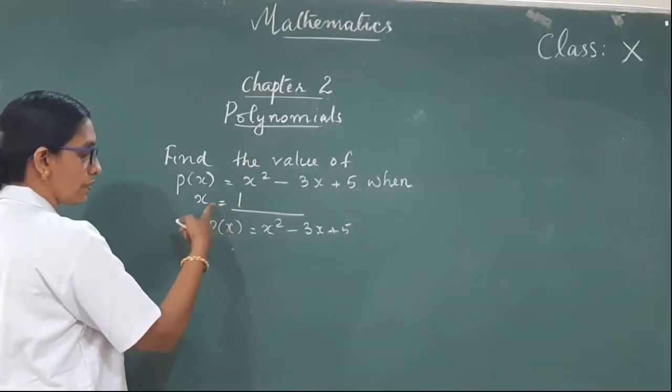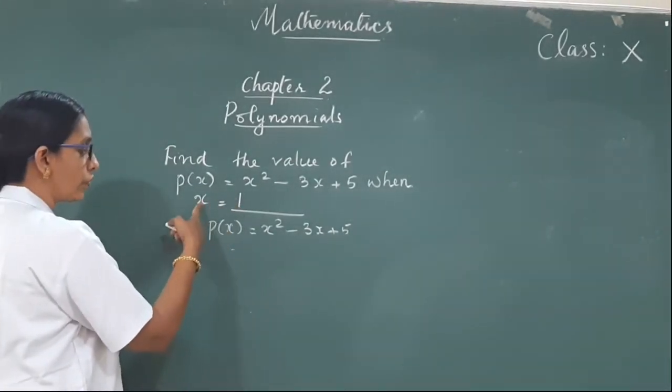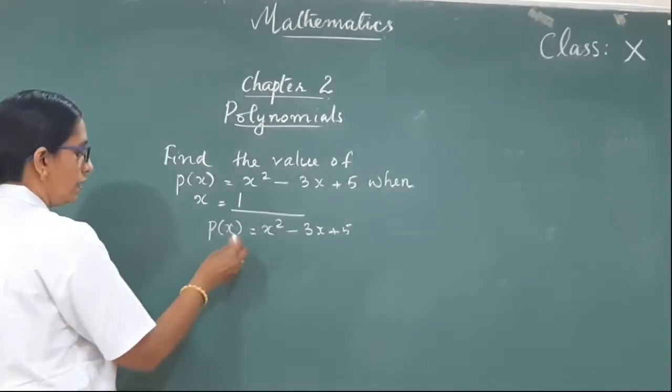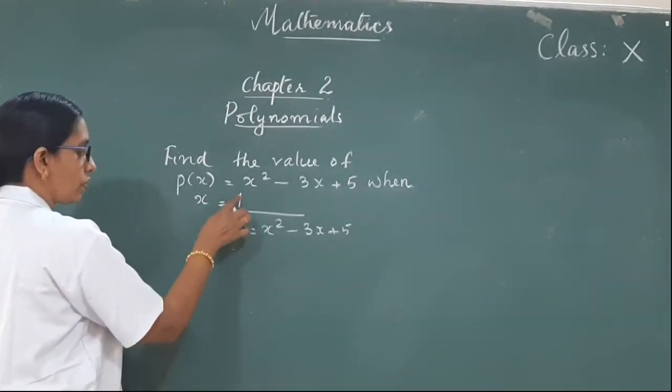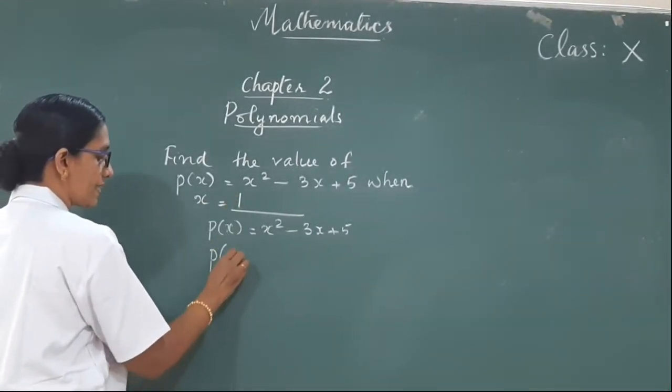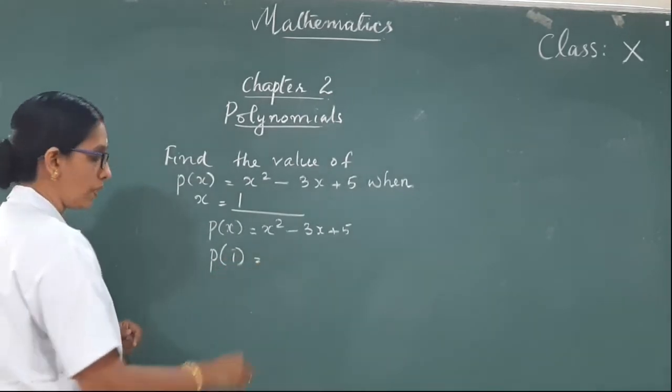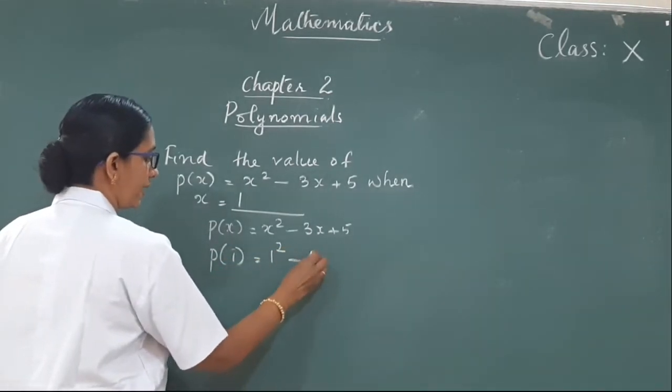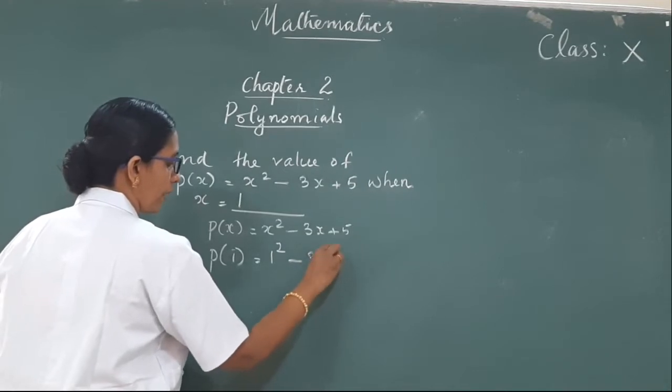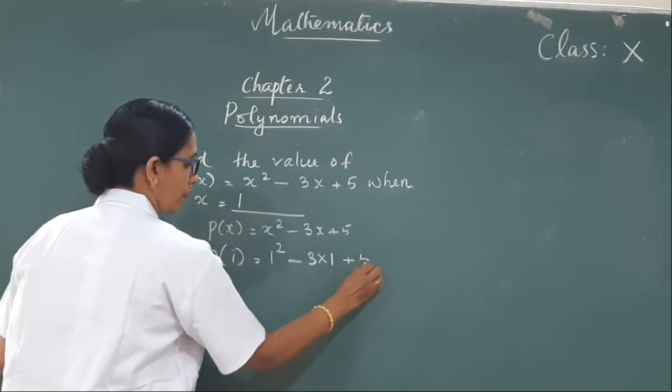So what we have to substitute? We have to put 1 for the variable x. So when we put x equal to 1, we can write this as p of 1 equal to 1 square minus 3 multiplied by 1 plus 5.